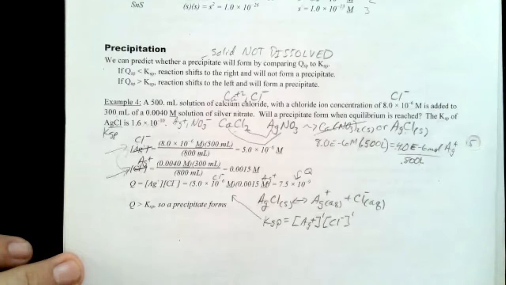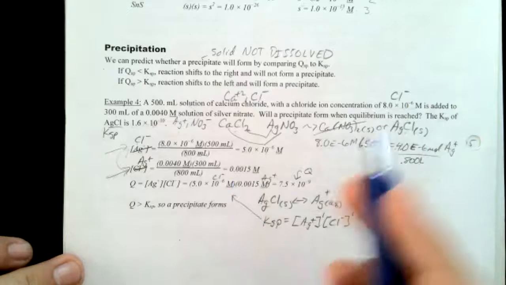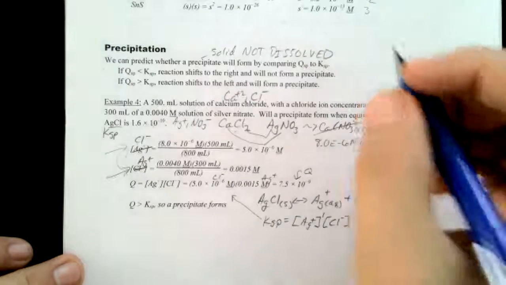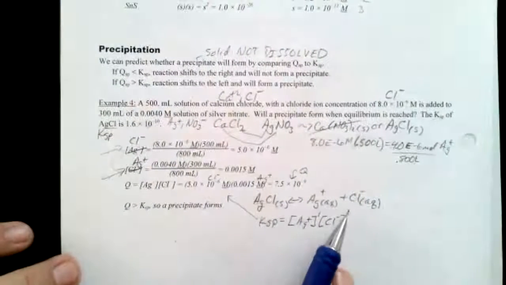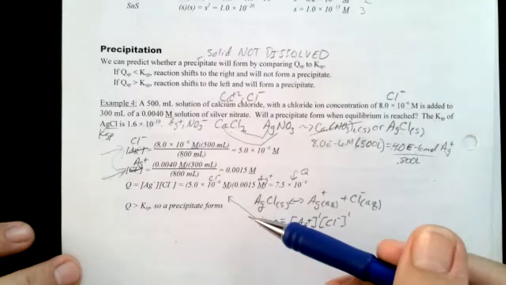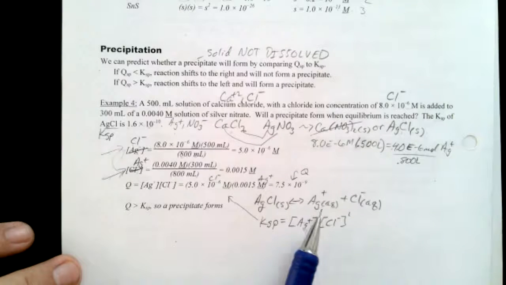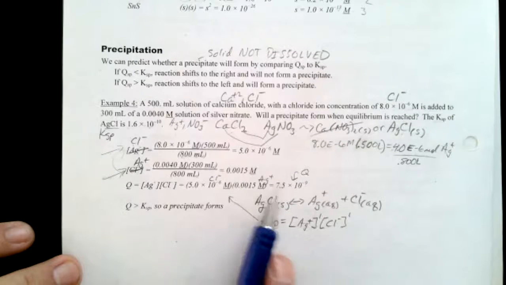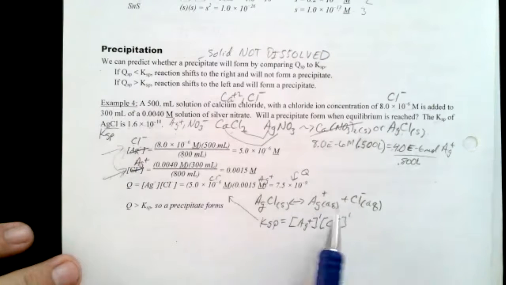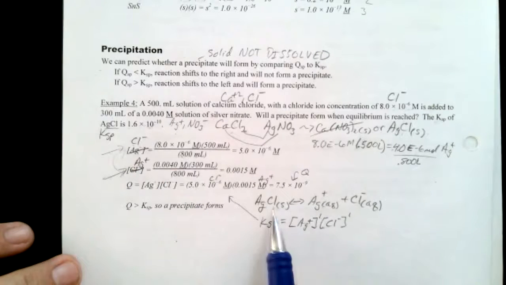Well, in a sense, what will happen is nature will take this reaction and push it left. If the values of these are high enough that the K math delivers a number bigger than the actual K, nature will push it left.